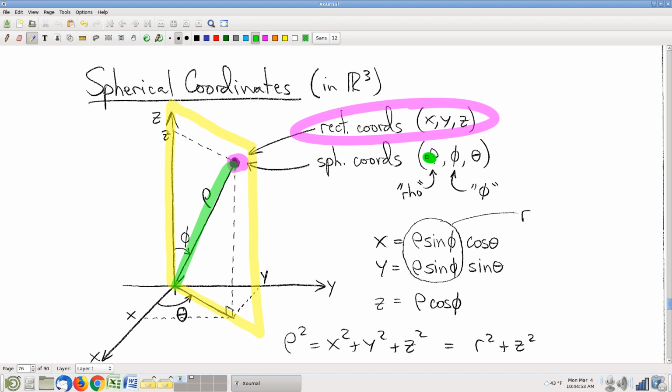That distance, rho, that angle measured off the z-axis, phi, it's Greek letter phi, and then this angle, theta, which is good old theta. It's the same theta from cylindrical coordinates. Looking at the projection down into the xy plane, it's what you might call the polar coordinate theta in the xy plane.